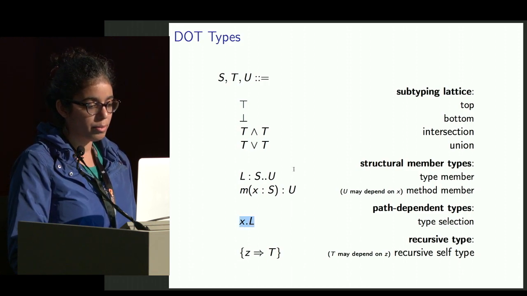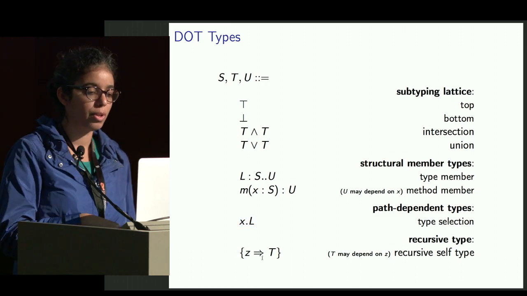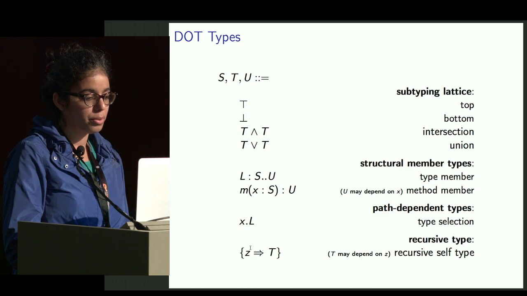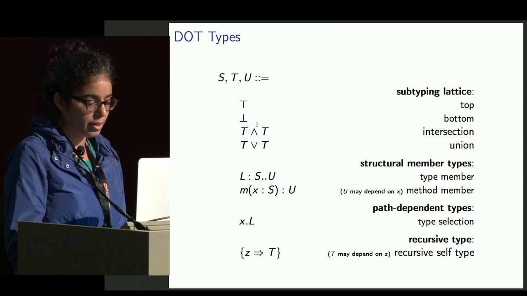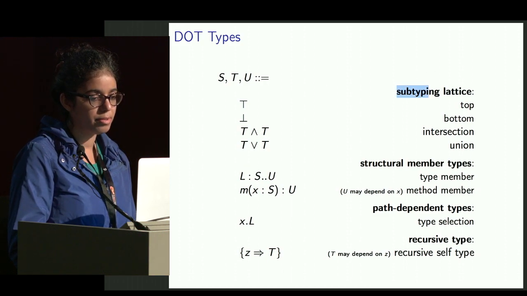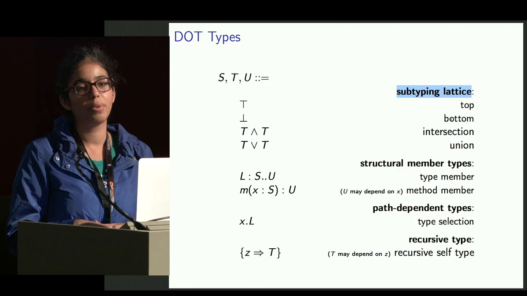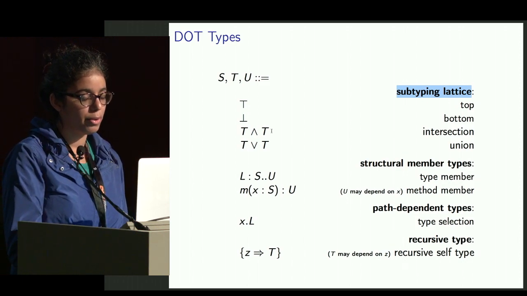And then we also have recursive self-types, so that we can model all the usual object things, and we can also combine these structural members together using intersections. So I can have multiple members in one type. And here the subtyping lattice is really that we just want to be able to always take the least upper bound and greatest lower bound of two types with the union and the intersection.